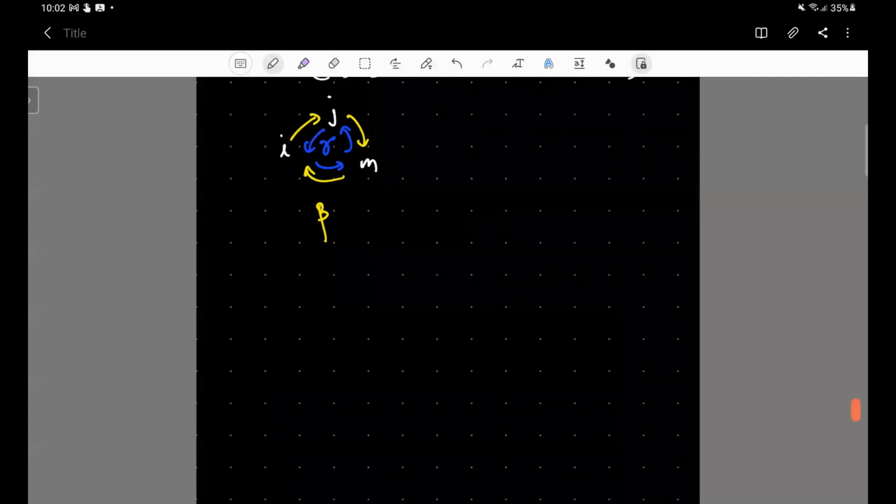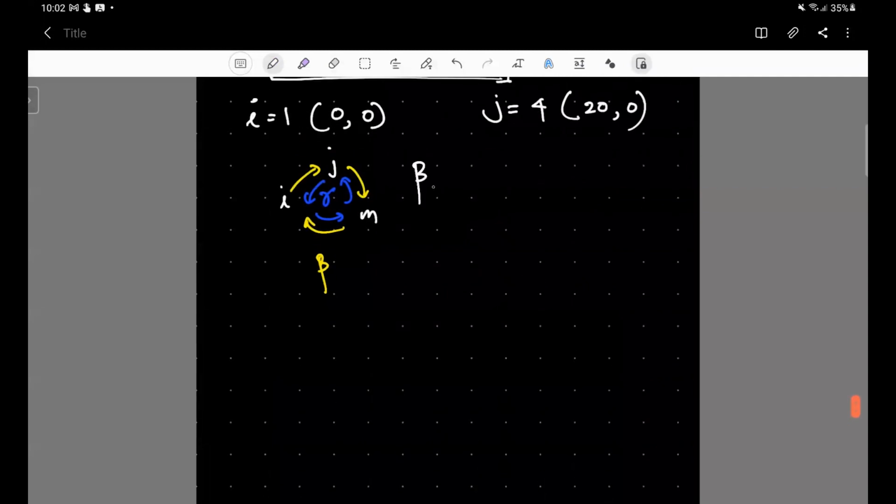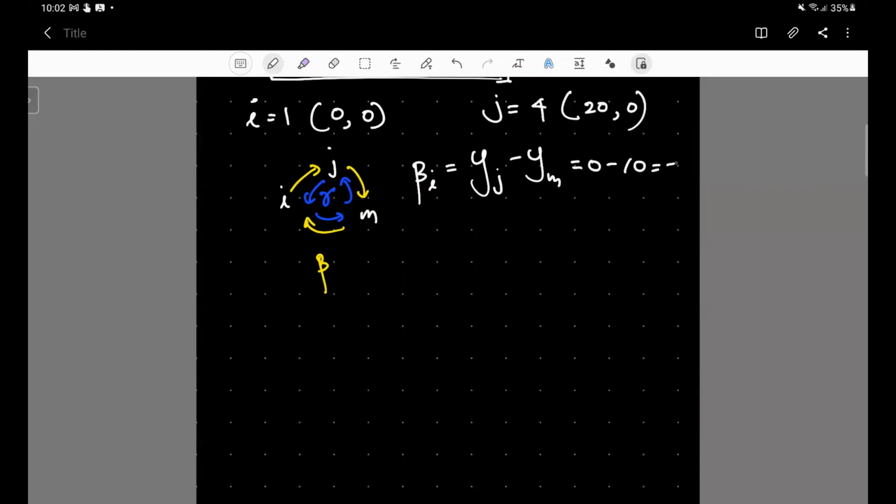Now, beta I. We are talking of beta terms, so we have to go in the clockwise direction, and when we consider beta, we are talking about Y terms. Yj minus Ym, that is 0 minus 10, is equal to minus 10.